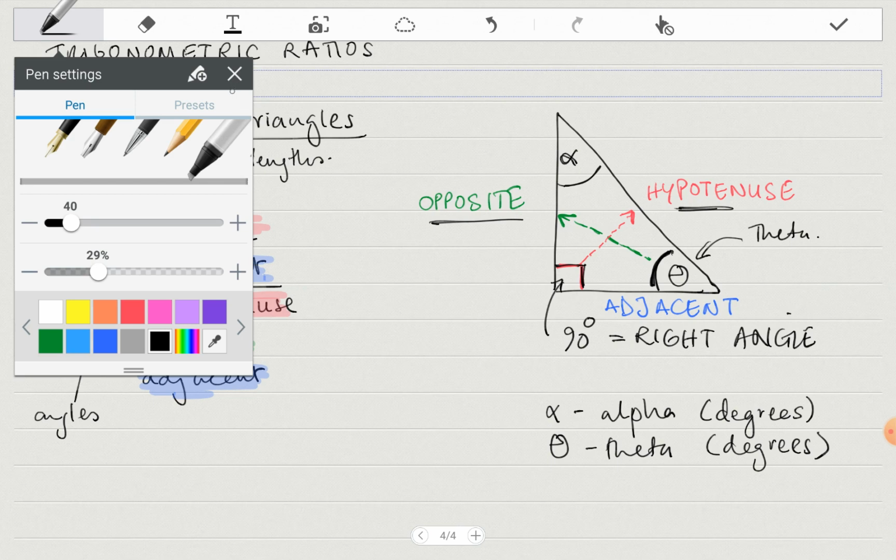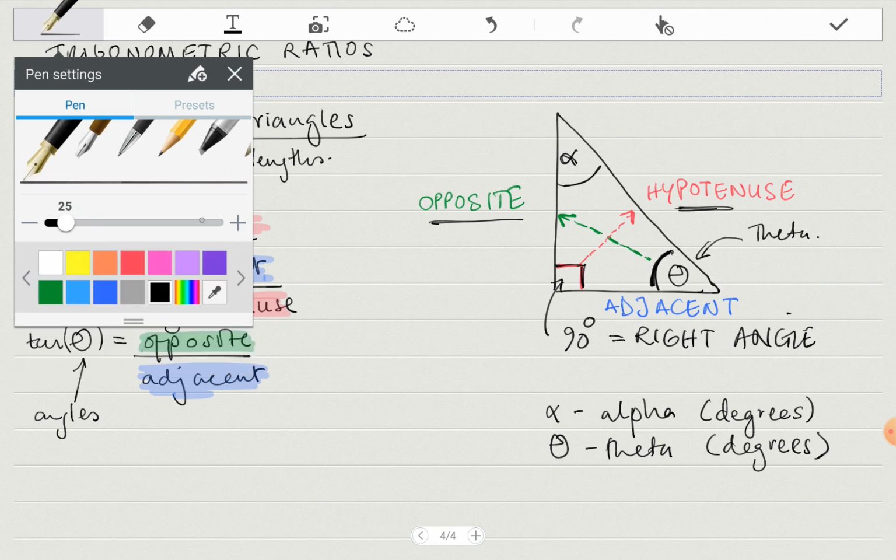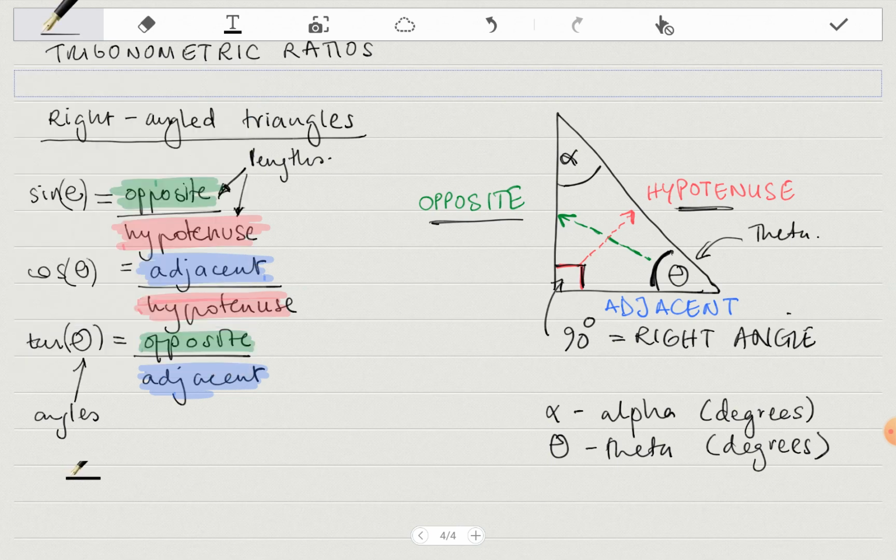So now if we look at a way of memorizing this, we have a saying that's called SOHCAHTOA. SOHCAHTOA basically stands for sine, which is opposite over hypotenuse, cos, which is adjacent over hypotenuse, and tan, which is opposite over adjacent.